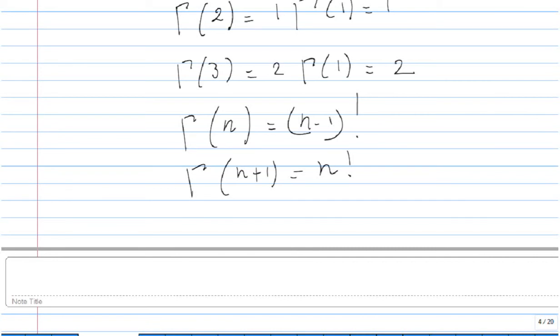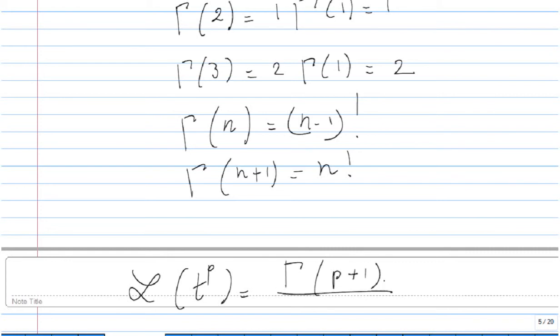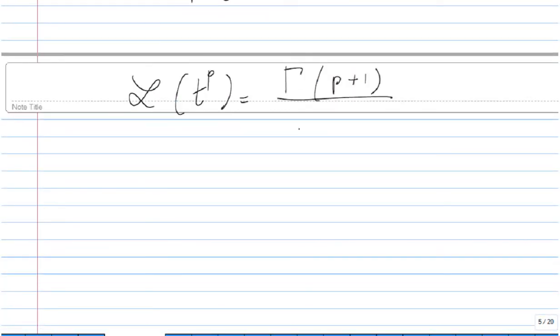In any case, what was Laplace again of t to the power p? It was capital gamma of p plus 1 over s to the power p plus 1.